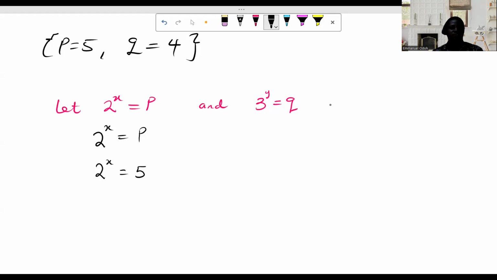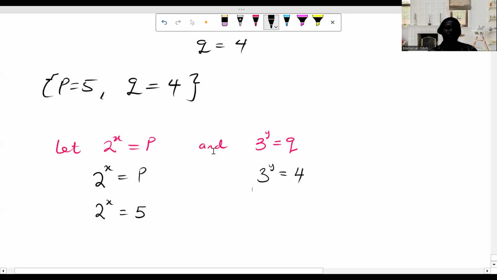So how can we solve this equation? Then q is 4. We have 3 to the power of y is 4. So how do we get the value of x and y there?